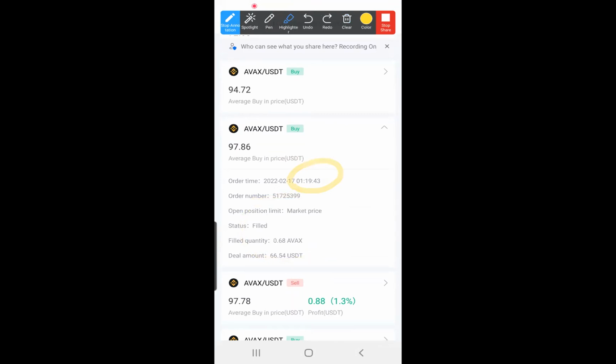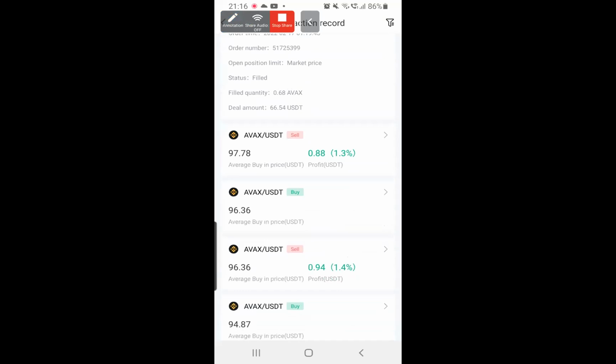You can see that 1:19 a.m. in the morning, and that was exactly after selling like 2 times, okay, because there was a bullish candle.